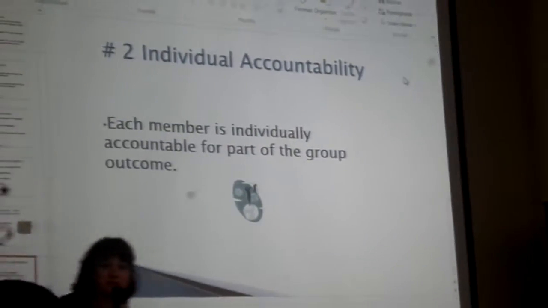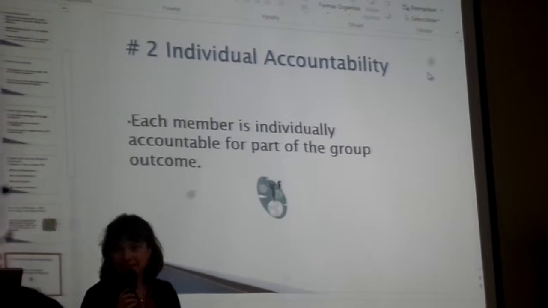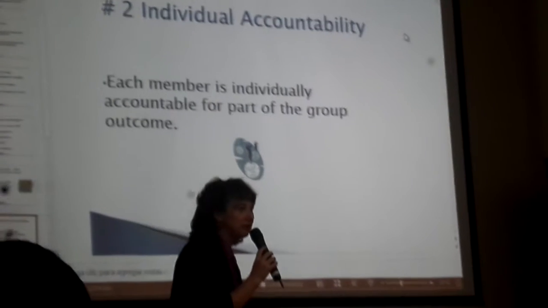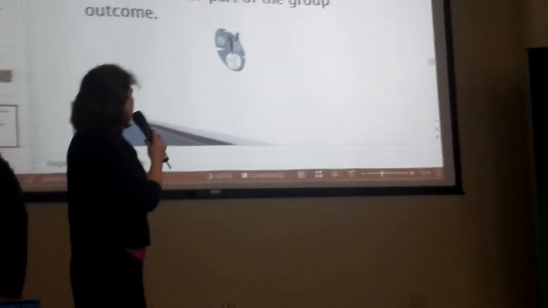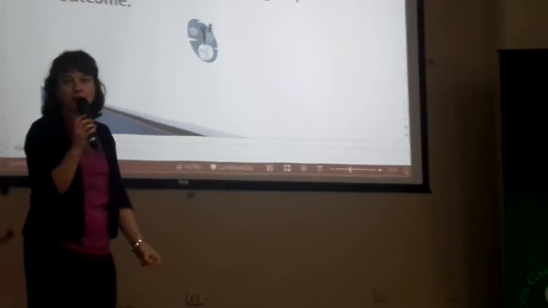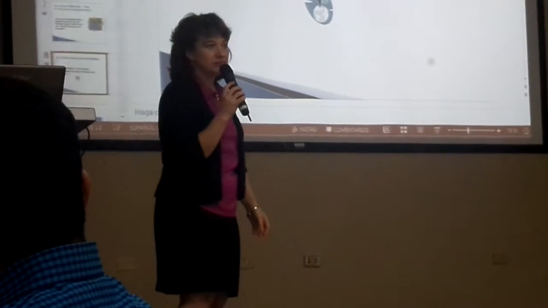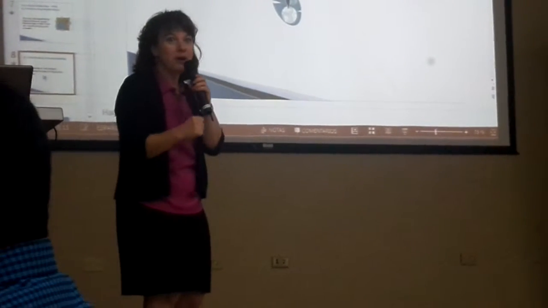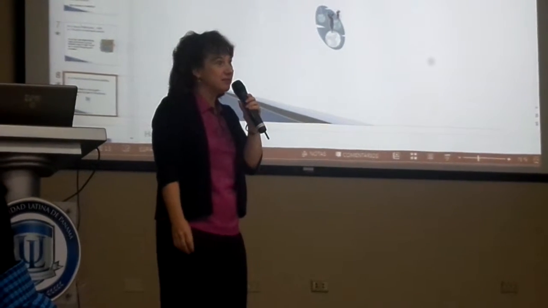This one is good too, number 2. Individual accountability. This is very similar to the responsibility we were talking about earlier. Each member in the group is individually accountable for a part of that group's outcome. Everybody has to do their job and play their part, or else this wouldn't be very successful.